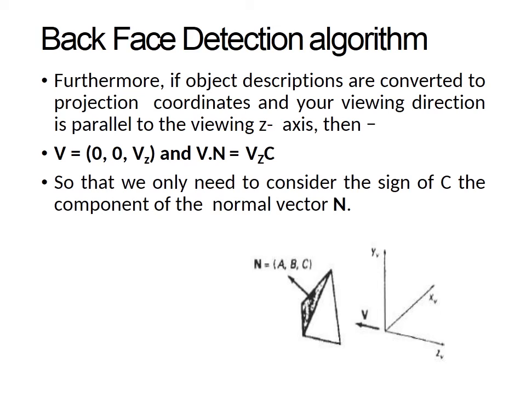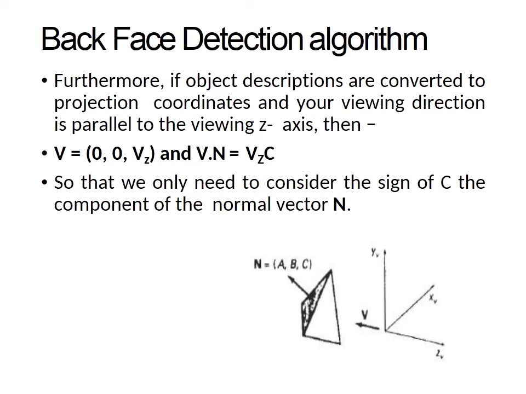The normal of the surface is given by N. A polygon is a back face if V·N is greater than 0, but it should be kept in mind that after application of the viewing transformation, the viewer is looking down the negative z-axis.